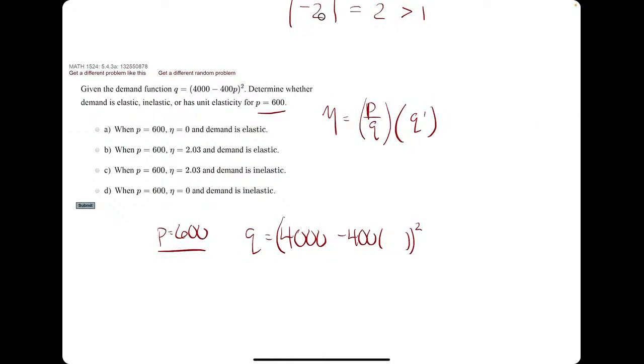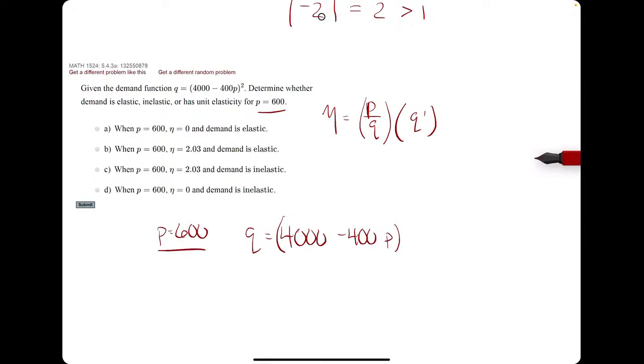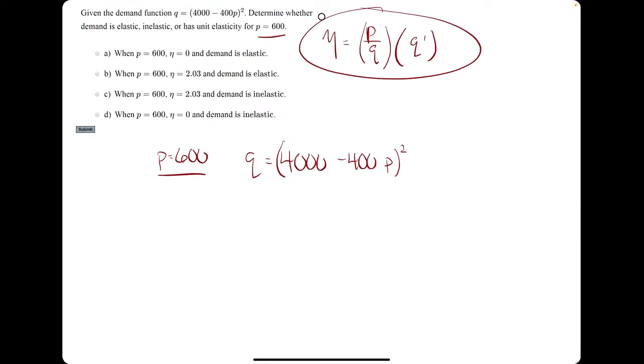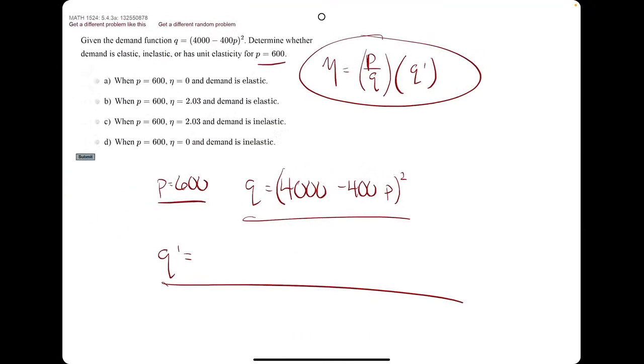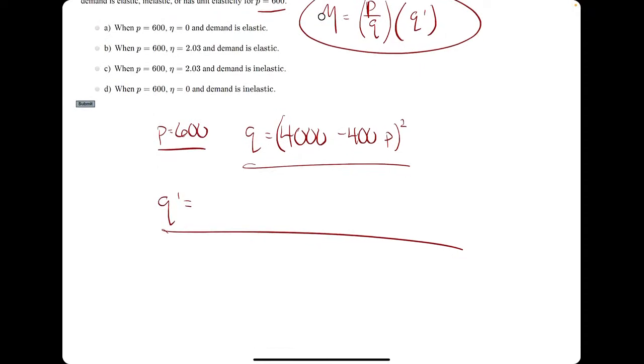I may keep it P for now, and we'll talk about why. We're going to keep everything in general terms for the time being, and then plug everything into this before we plug in 600, because something nice may simplify. Q prime is the derivative of this function, so we need Q prime for that part at the end there.